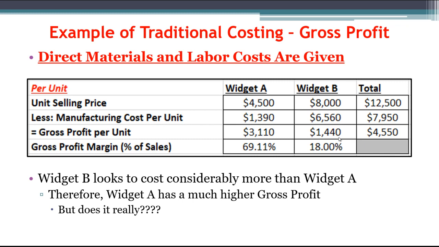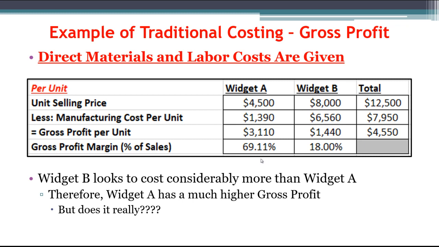They're both profitable. Widget A looks to be more profitable. If you calculate a gross profit margin, a percentage of sales, widget A is 69.11%, widget B is 18%. So again, it looks like widget A is more profitable. It has a considerably higher gross profit ratio than widget B.